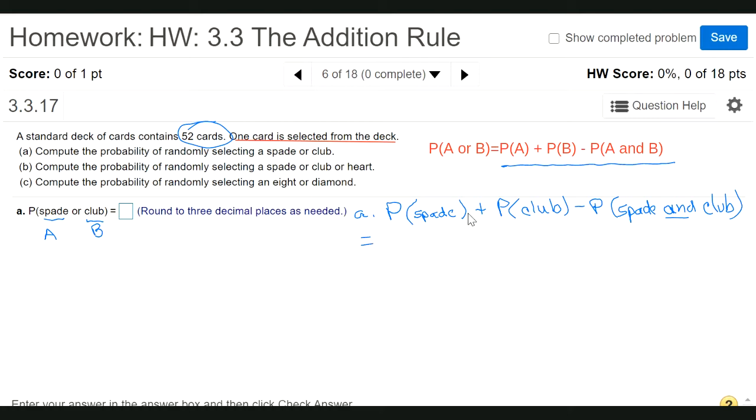So the probability of it being a spade is 13 out of 52, plus the probability it's a club, 13 out of 52, minus the probability that the one card you drew is both a spade and a club. Well, those two things can't happen at the same time. These two things are mutually exclusive.